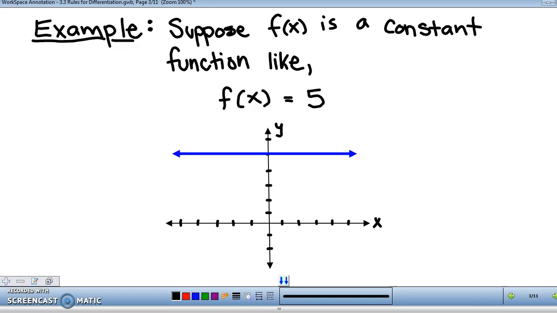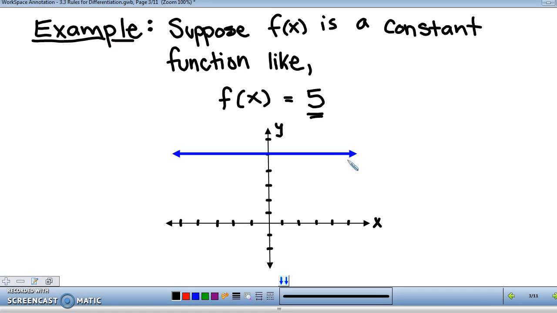I could have said f of x equals 1, f of x equals negative 2. The point is that f of x equals a constant value. When f of x equals a constant value, our graph is a horizontal line. It's a horizontal line that intersects the y-axis at that given constant value.